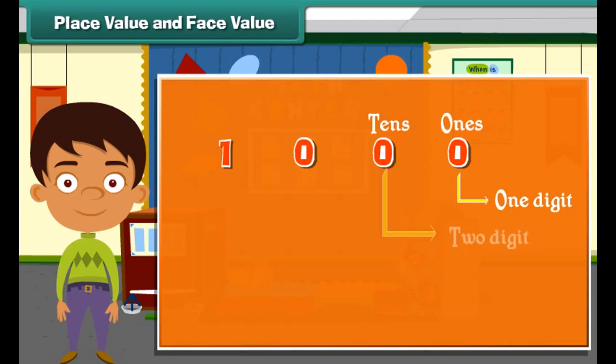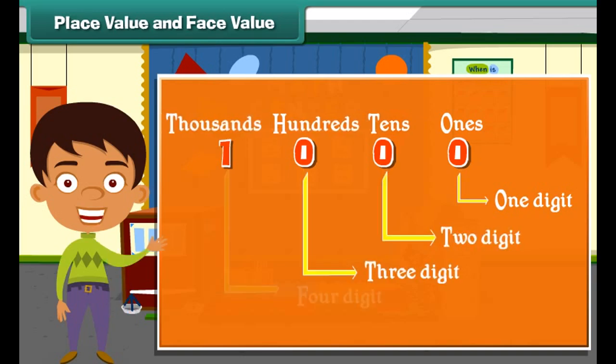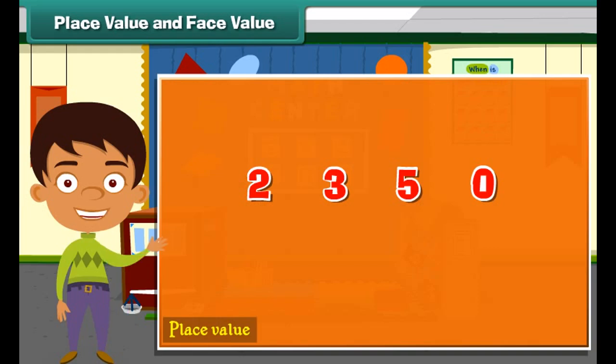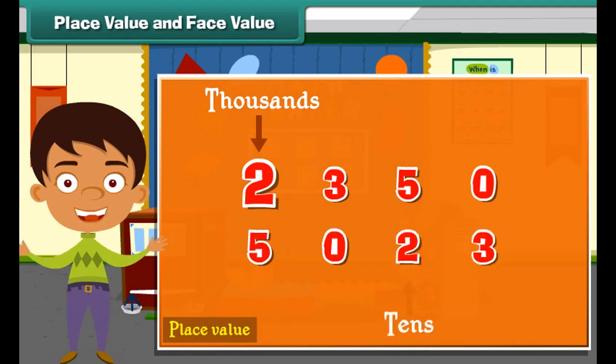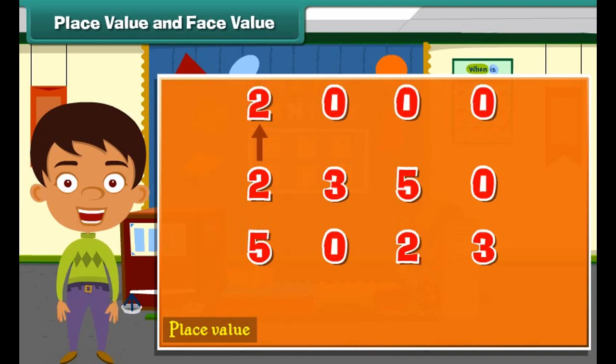Place value and face value. Ones, tens, hundreds and thousands are all place values of a digit. Place value of a digit helps us to determine its value. For example, the digit 2 is at thousands place in number 2350, whereas it is at tens place in number 5023. Hence, the value of 2 in 2350 is 2 thousands, and in 5023 it is 2 tens, that is 20.